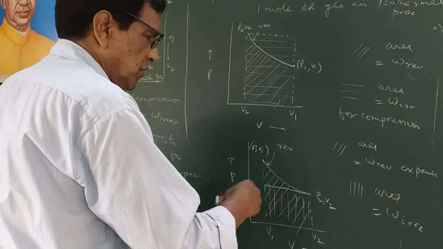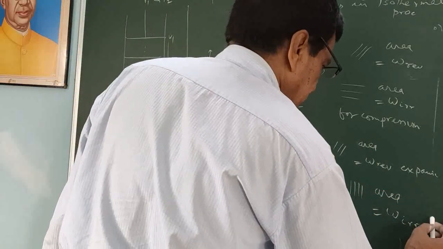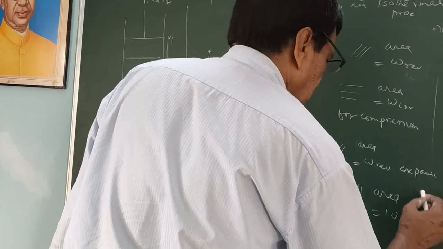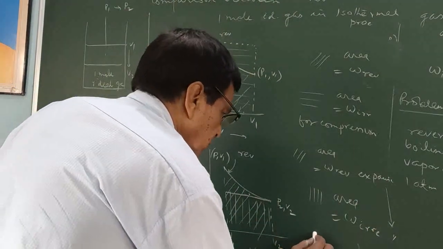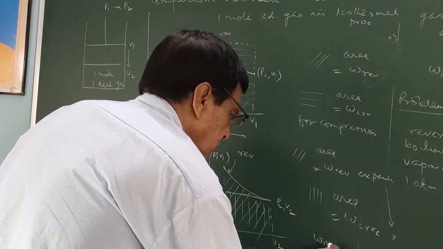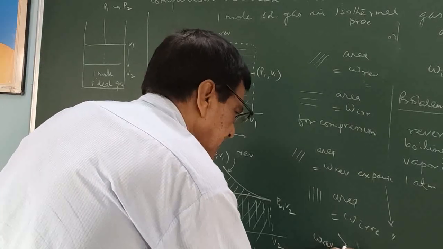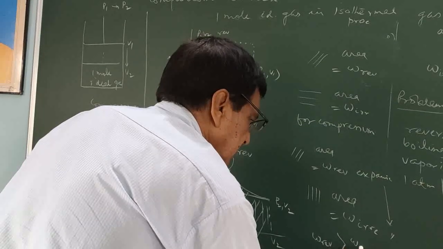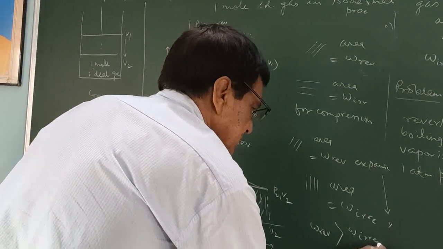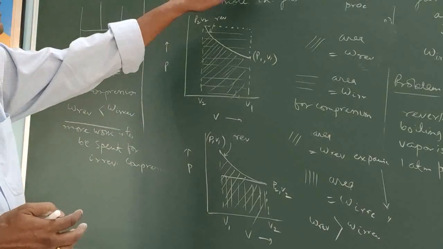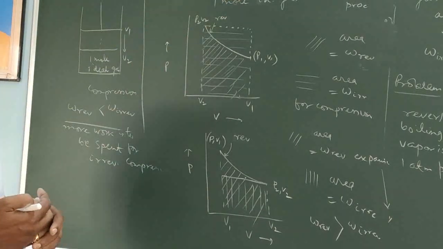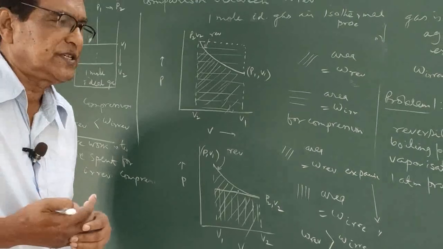So in this case, whenever the expansion occurs, then work done in reversible process is always greater than work done in irreversible process. So this is all about mechanical work in case of the reversible process.